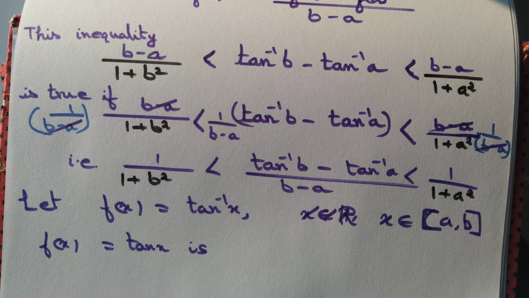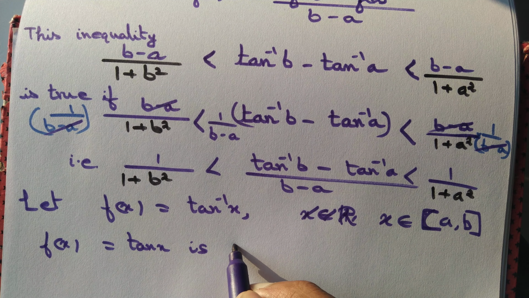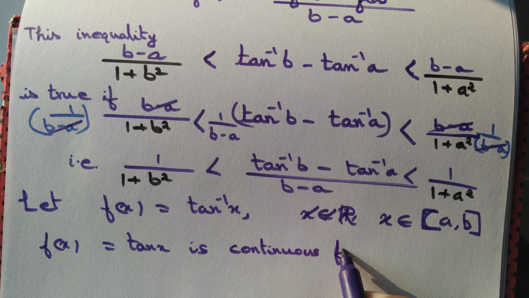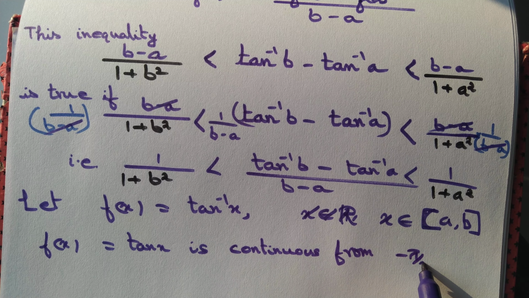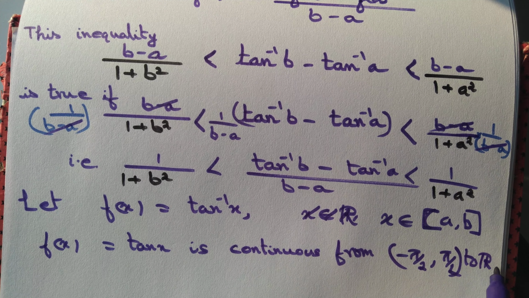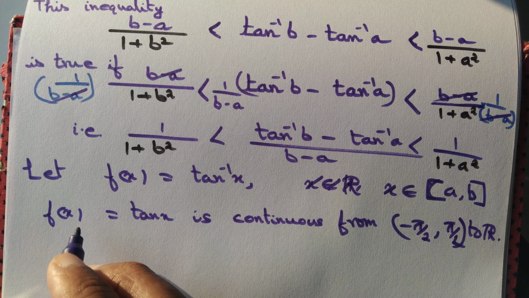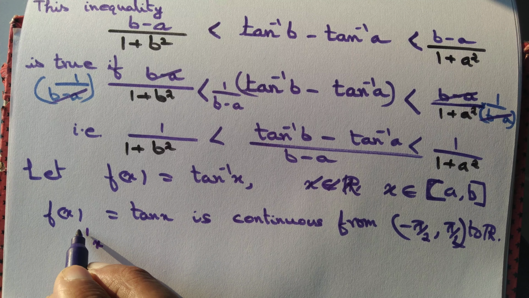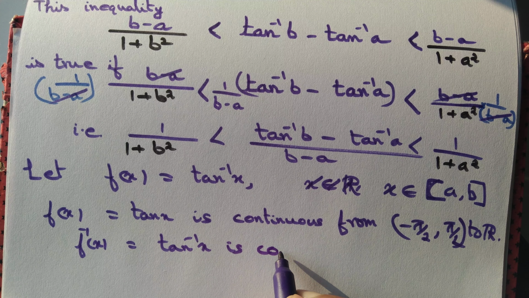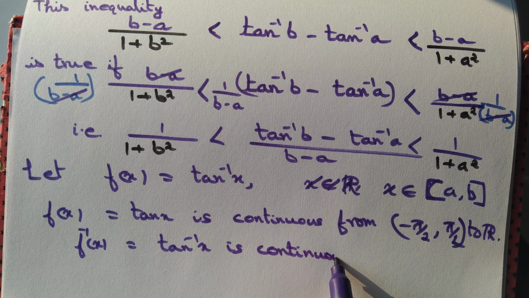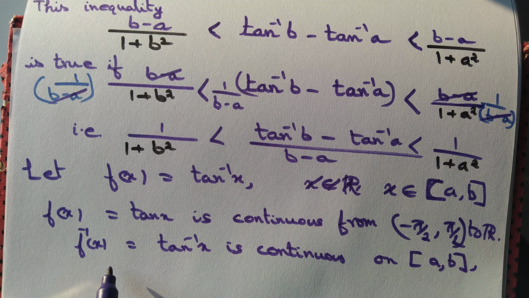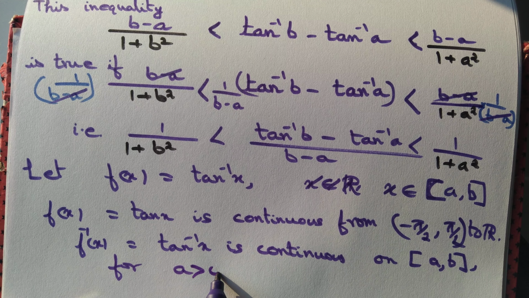In fact, it is a bijective continuous function from minus pi by 2 comma pi by 2 to R. Its inverse, f inverse of x equal to tan inverse of x, is continuous on the closed interval a comma b for a greater than 0.